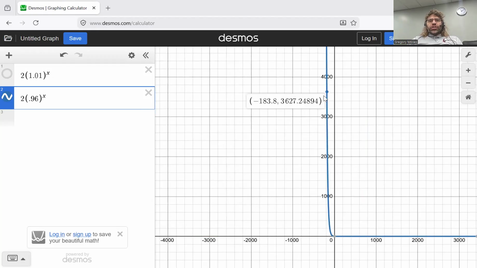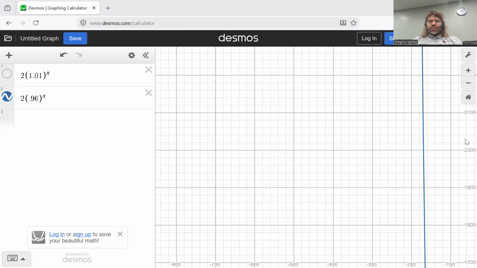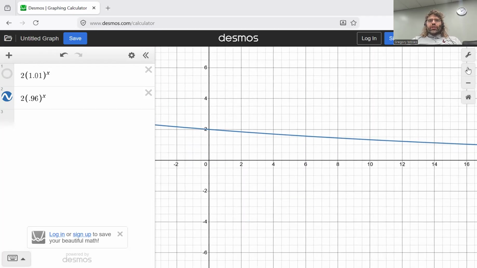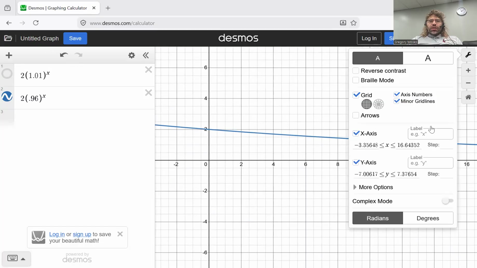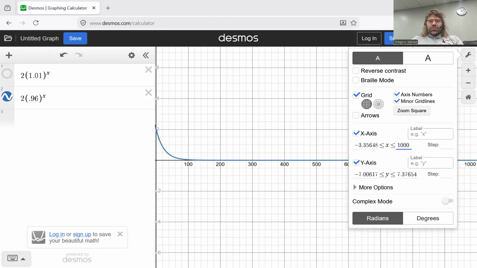So it initially decreases very quickly, but then the rate it's decreasing at slows down.